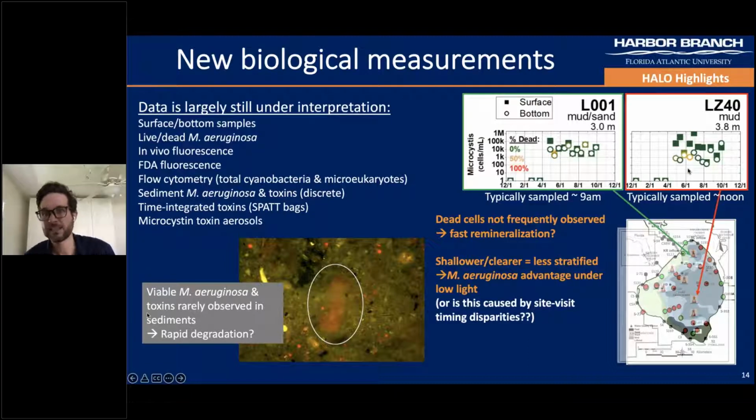And this kind of makes sense. We think that Microcystis can thrive in these turbid water bodies around the world because it can regulate its buoyancy. It can outcompete these other organisms for light. But there is a caveat in that we typically sampled the first site at about 9 a.m. and we didn't get to this one until about noon. So hold that thought for a second.